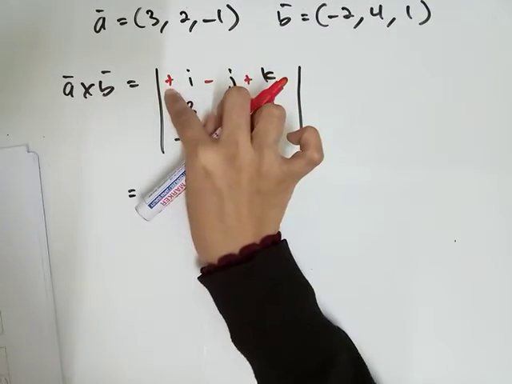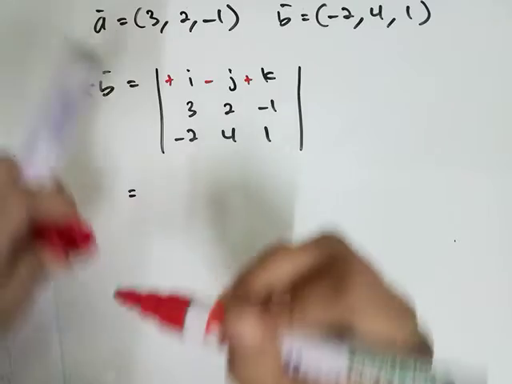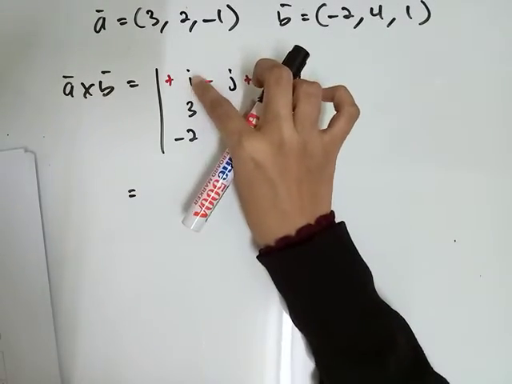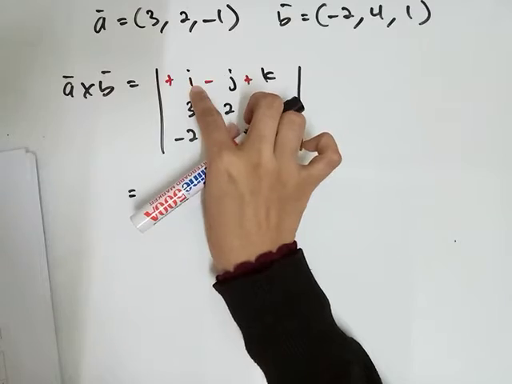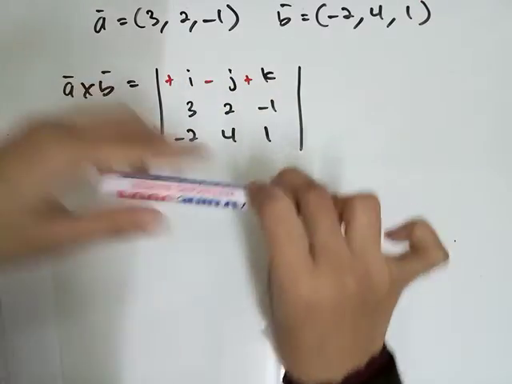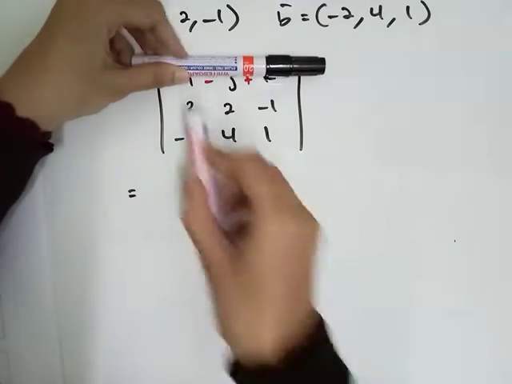For the position vector for I, kita nak cari determinant for position vector for I ni, we have to eliminate the row and the column.